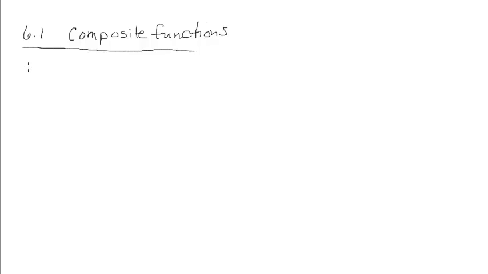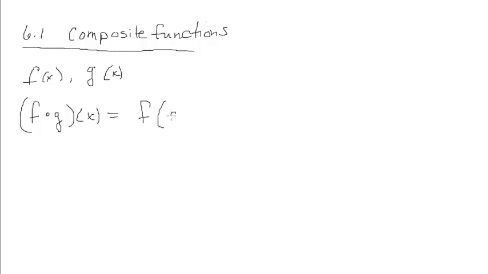it says given two functions, f of x and g of x, the composite function, which is denoted f of g of x, just like that, is defined as f of g of x.